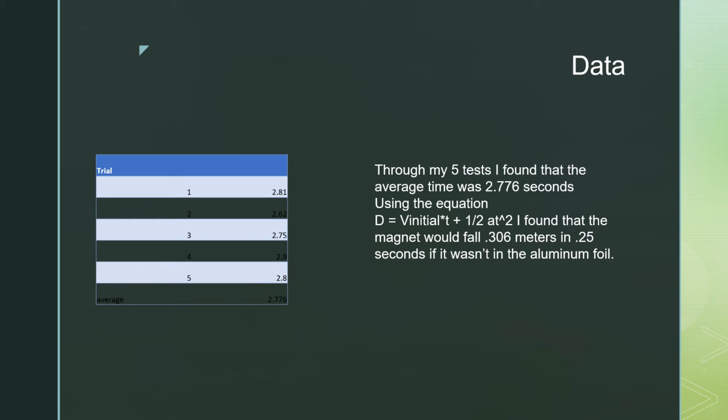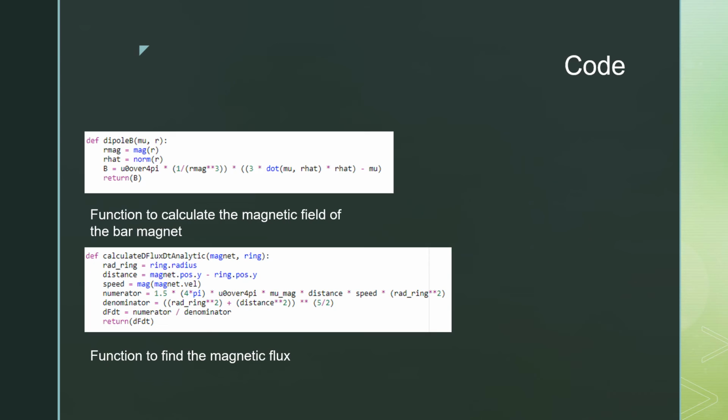And by doing all that and solving for t, I found that it would be 0.25 seconds if it wasn't going through the tube, which is a pretty significant difference between the two.